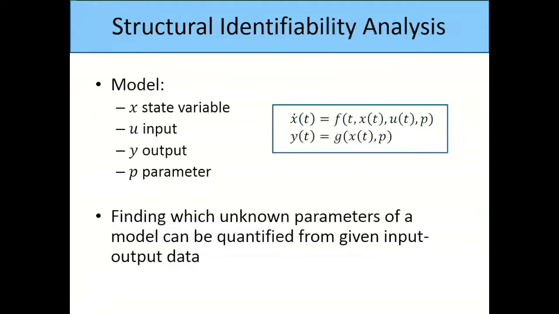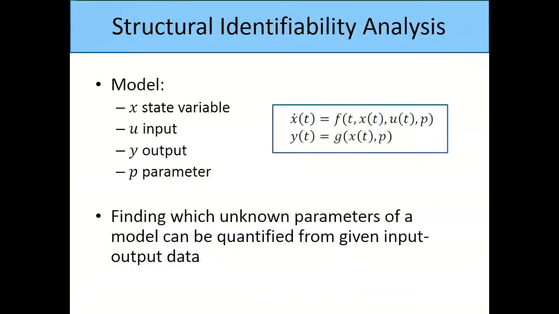So what are each of these terms? We call x the state variable, we call u the input, and we call y the output, and p is the parameter vector. So in these problems, the parameter vector is unknown. So the identifiability question is about finding which unknown parameters of our model can be quantified or determined from input-output data.